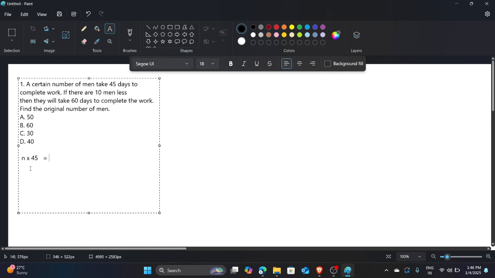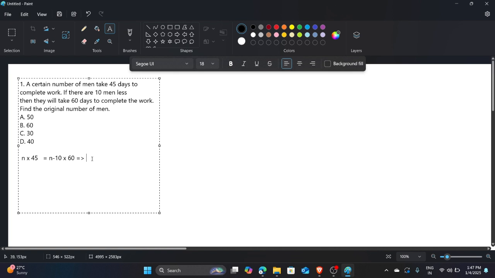Okay. Now, there are 10 men less, so the number of men is less. Then they take 60 days. So find the original number of men. Simple. We have to do this.